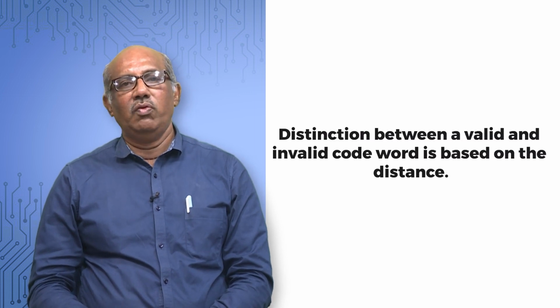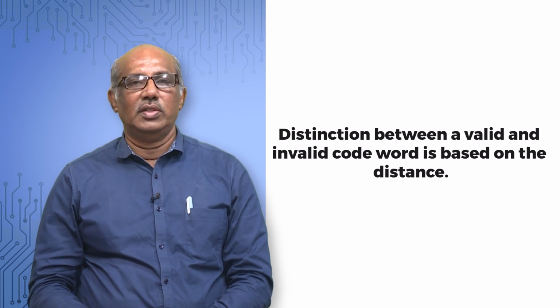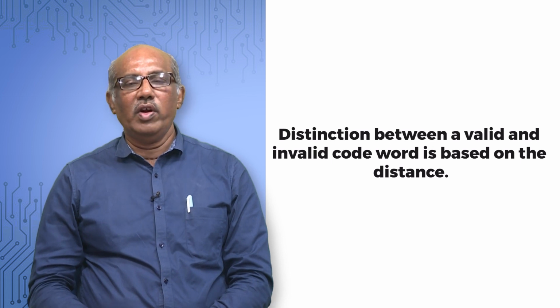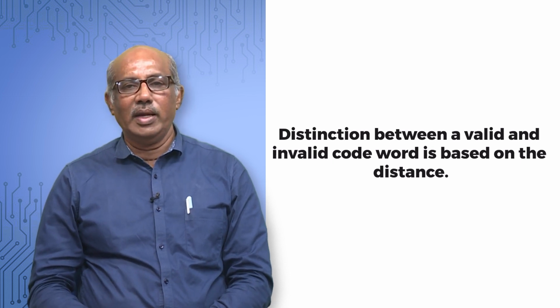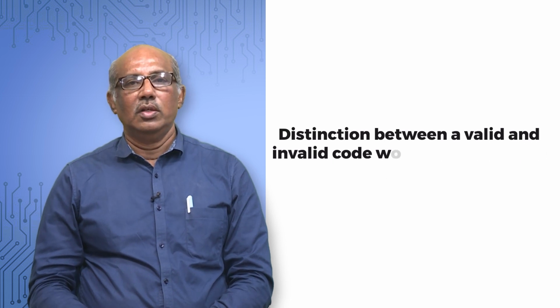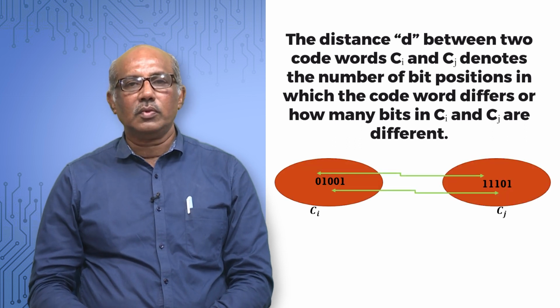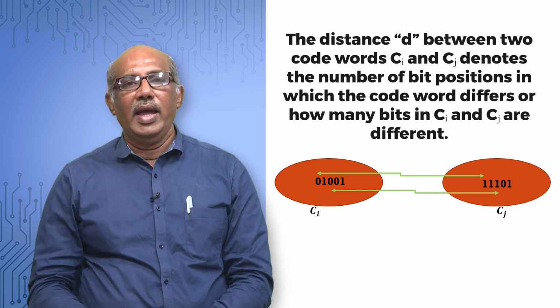Fine. And the most important part is that the distinction between a valid and invalid code word is based on the distance. What is a code word? A code word is the combination of the data bits plus the parity bit. So, how do we make a distinction between a valid and invalid code? That is based on the distance. The distance d between 2 code words, as you see in the figure, C i and C j, denotes the number of bit positions in which the code words differ, or how many bits in C i and C j are different.